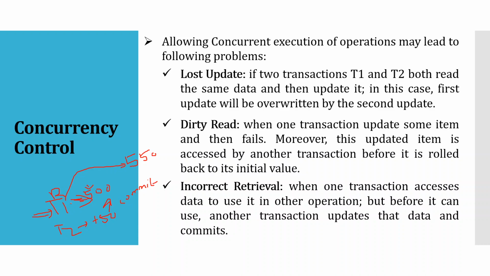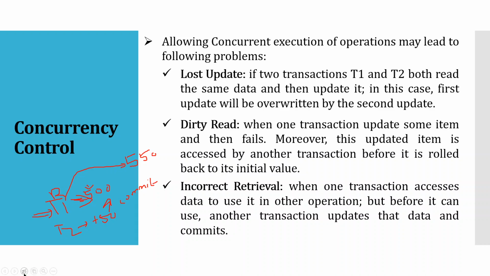You will be reading incorrect data, right? One transaction is trying to read one of the values. That value at the same time is updated by some other transaction, and actually the first transaction which is trying to read a particular data will have incorrect data. So this is what incorrect retrieval is.